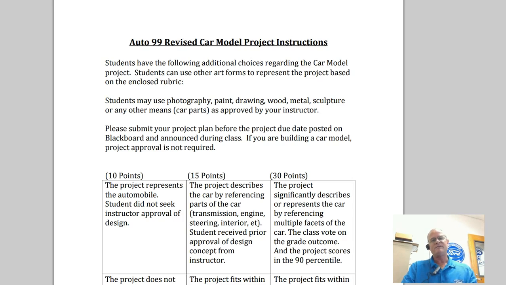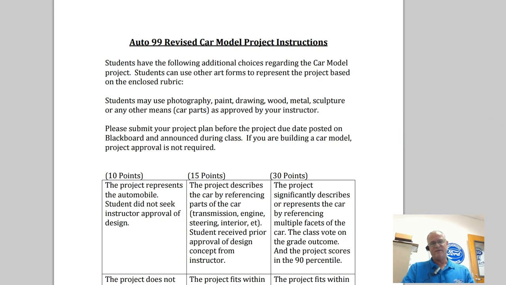And it shows, the reason why I use this is demonstrating, I'm communicating revision, but I'm also creating more of a performance project and showing instructions for that performance project. So instead of just requiring students to make a model car out of plastic, which is a good thing for them to do, I'm also including other forms of art, which include paint, drawing, wood, metal, sculpture, and other means approved by me to represent the project.